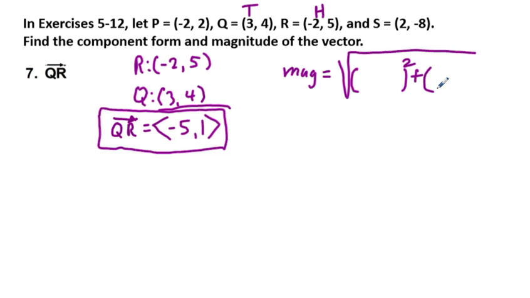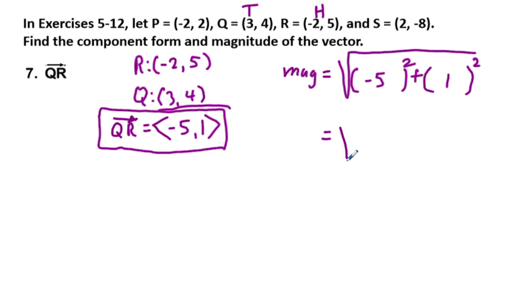Squared. Sometimes with these formulas I like filling in the blanks, or the basic format, and just putting in the numbers. So x2 minus x1 is going to be -5. We take -2 minus 3, -5 squared. And then y2 minus y1 is 1.